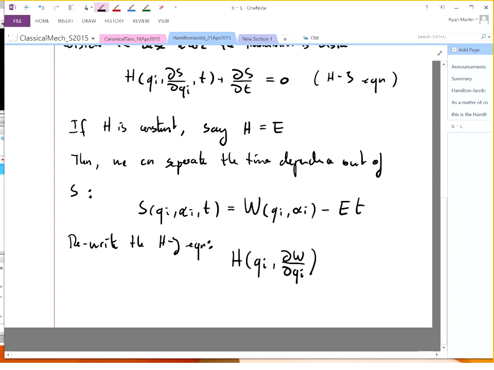And then H doesn't depend on t. And that plus ∂S/∂t equals 0. If I look at what I imposed as the solution for S, if I do ∂S/∂t, I get minus E. So I'll just move that to the other side of the equation. And so this is a simpler version of the Hamilton-Jacobi equation when the Hamiltonian doesn't depend explicitly on time.